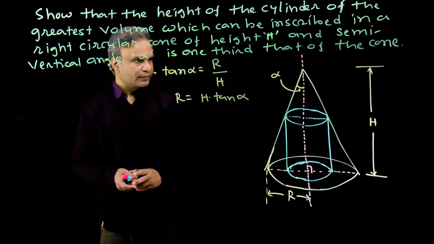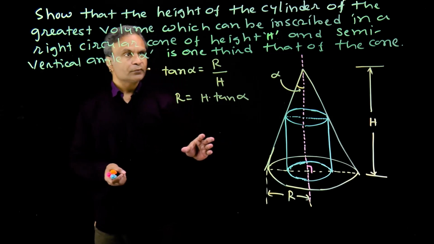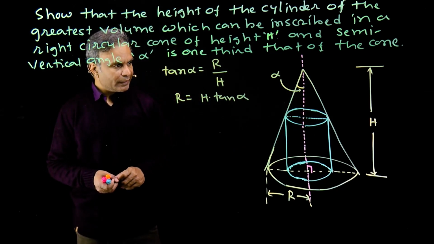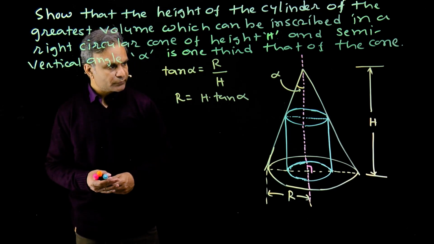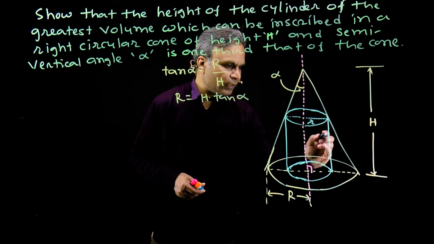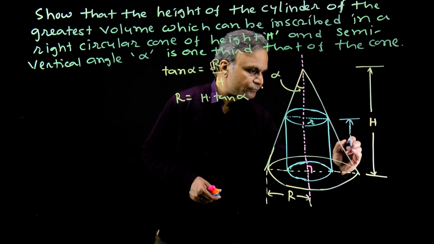You got the radius. Now suppose we have to maximize the volume of this inscribed cylinder. The dimensions of the cylinder are variables. Let's take its dimensions: suppose the radius is small r and the height is small h.